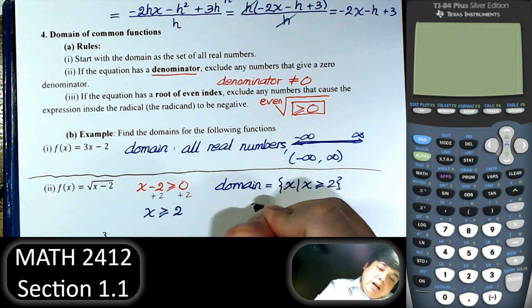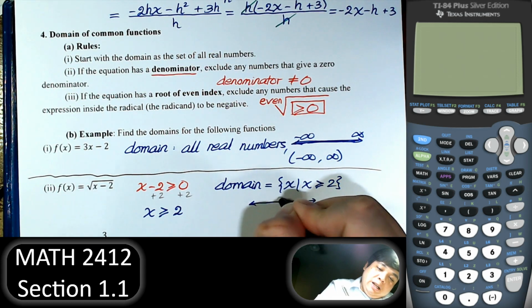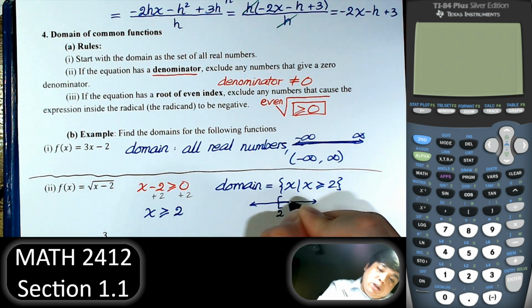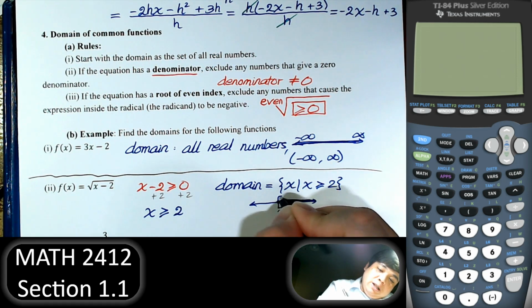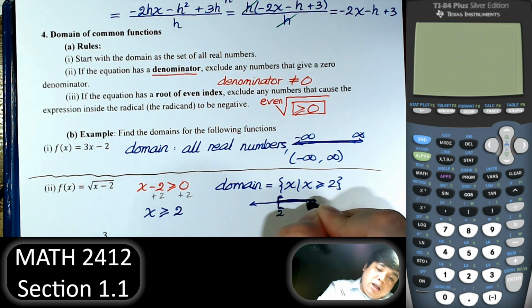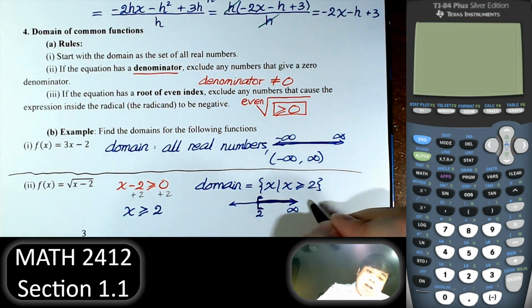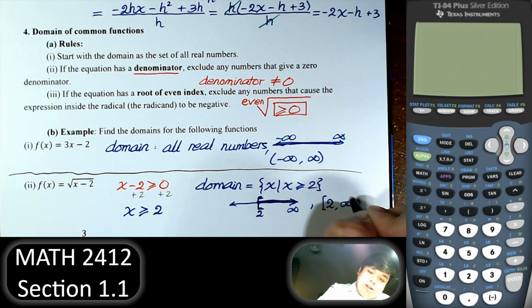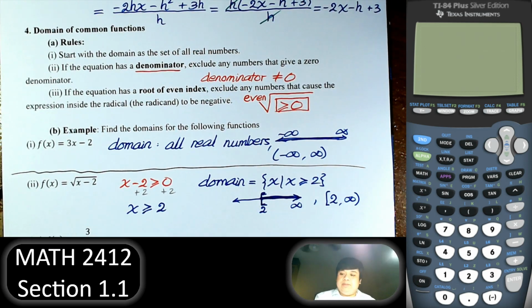Or if we use the number line, it will go from 2, because it has the equal sign, so we use the bracket. We use the bracket if it has the equal sign. If we don't have the equal sign, we use the parentheses. It goes from 2 to infinity. That is the interval notation.